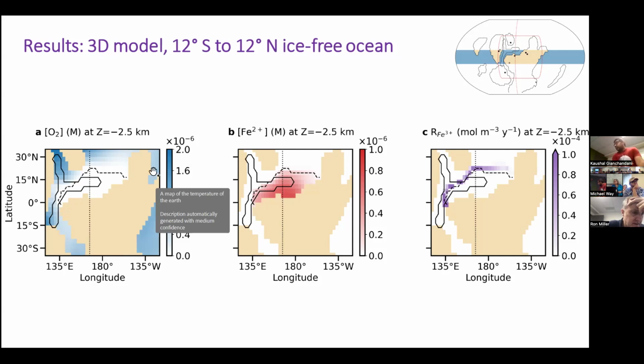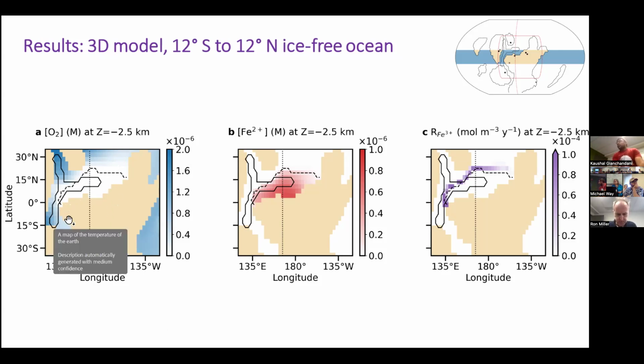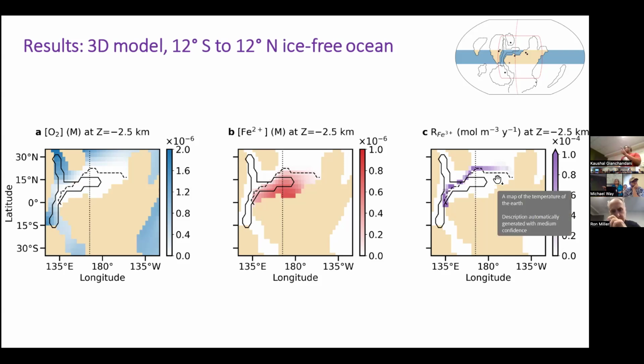And in this partially oxygenated ocean, there are some regions where you could develop a complete anoxia. If a hydrothermal vent is located in these regions, you could have iron 2 building up here. And wherever well-oxygenated waters would meet with iron-bearing waters, you would have precipitation of iron 3, which is at this dashed line.